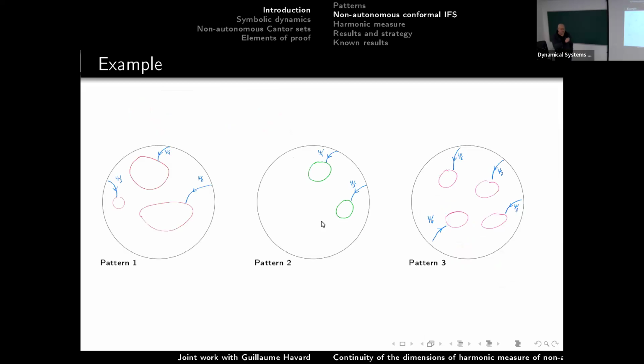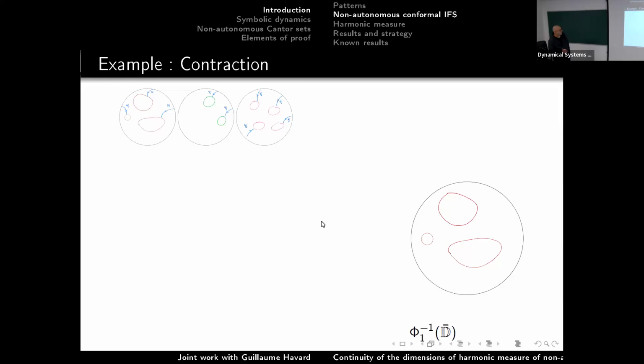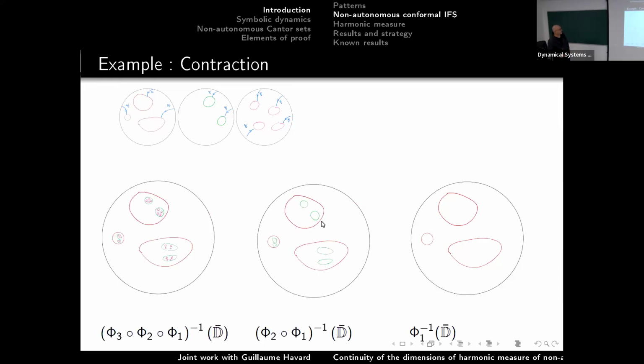This is what Guillaume drew, like painting. So take his slide. Here you have three patterns, and then of course, by applying successively the iteration of the functions, you go from there to there.